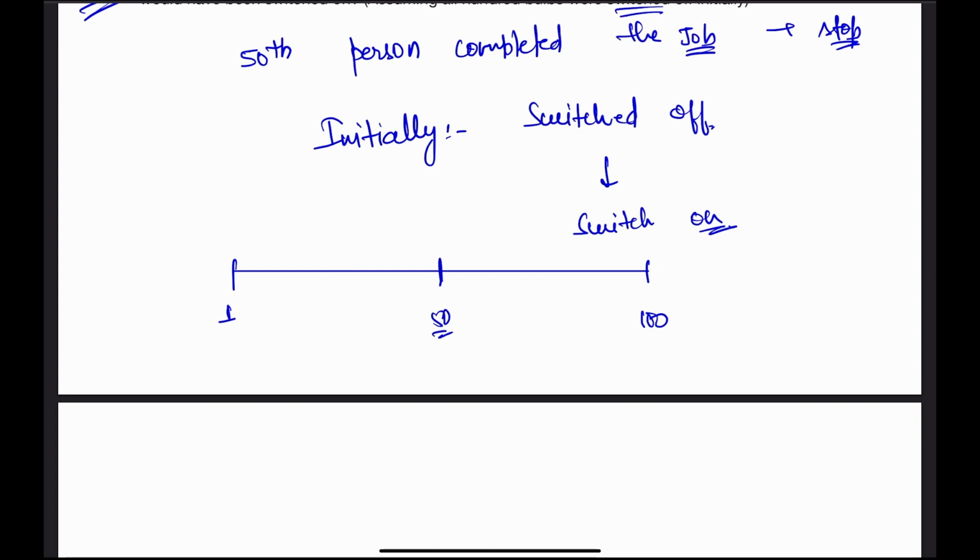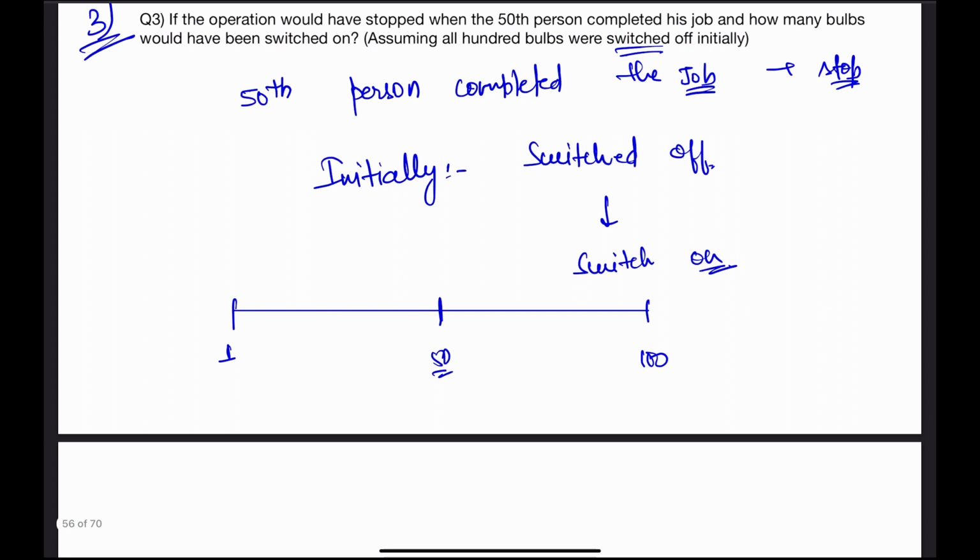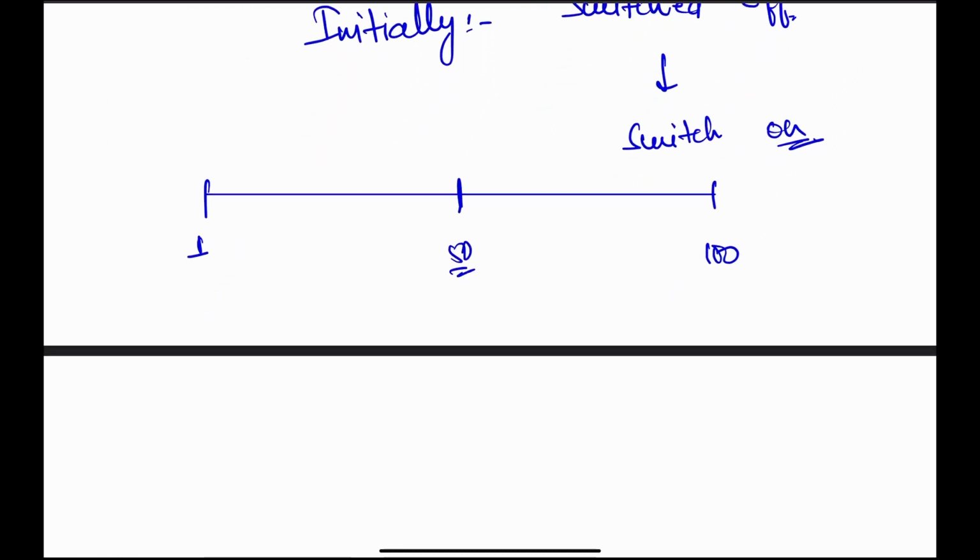So first thing first, let's divide it till 50. If it's a normal one, how many bulbs would be switched on? See what is happening over here. Suppose here is the 49th bulb, so this will be turned on and off by the first person, the 7th person and the 49th person.